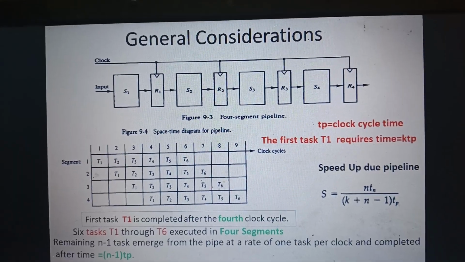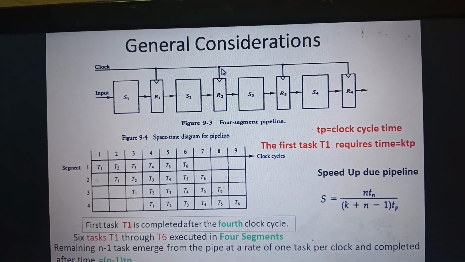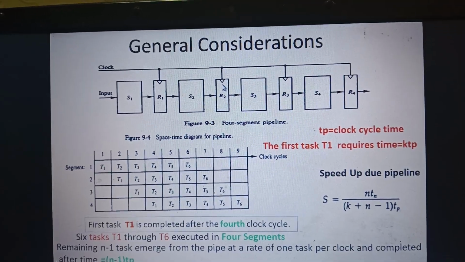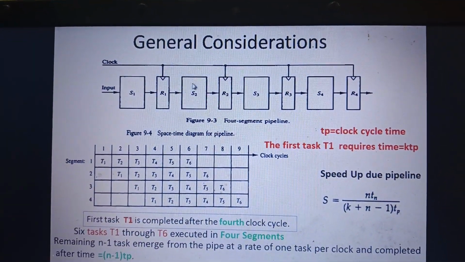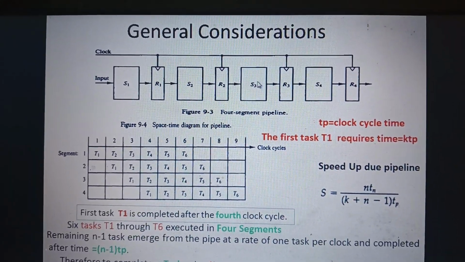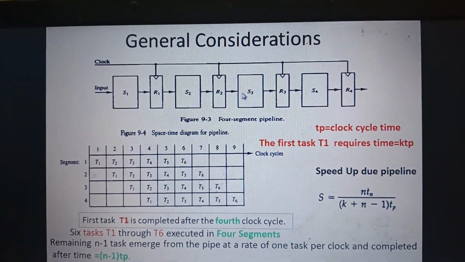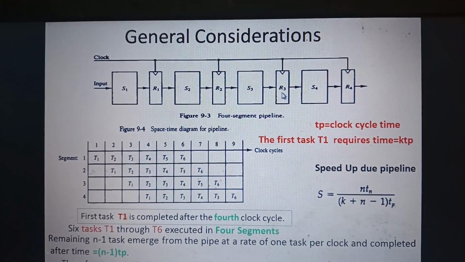R1 when you apply the clock pulse. So during the application of the clock pulse, the results performed by this segment are given to R2. Similarly, the sub operations performed by S3 are given to R3.